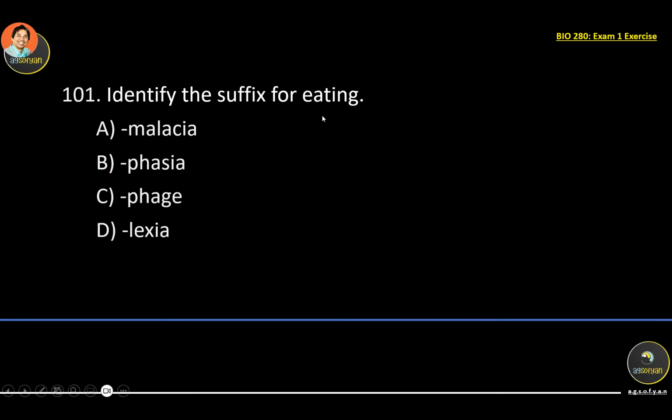So this disease called aphasia is when someone has difficulty speaking. Identify the suffix for eating. A, B, C, or D. It's going to be this one, phage. Maybe you have heard about a white blood cell called the macrophage.